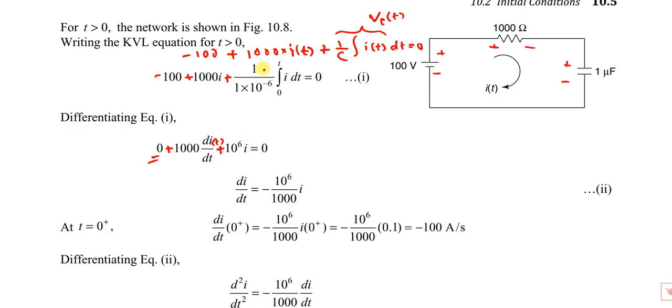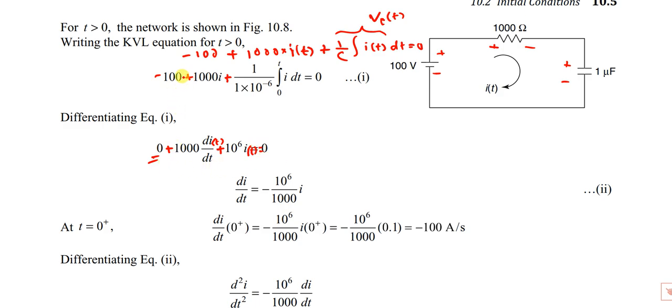If I bring it to the numerator, it becomes 10 power plus 6. Differentiation and integration get cancelled, and we remain with I of t is equal to 0.